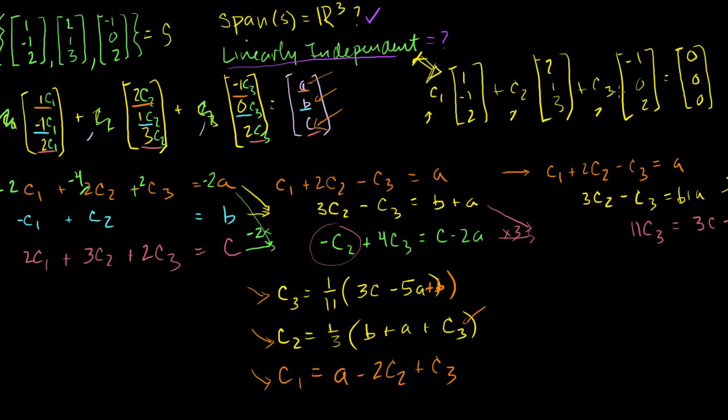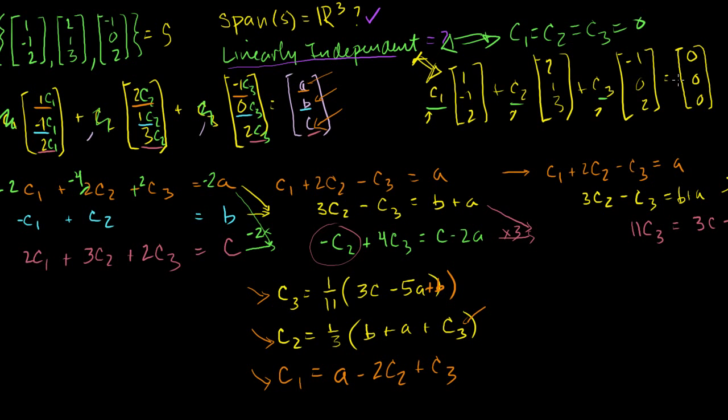You can always make them 0 no matter what, but if they're linearly independent, then the only solution is that C1, C2, and C3 all have to be equal to 0. Linear independence implies this.